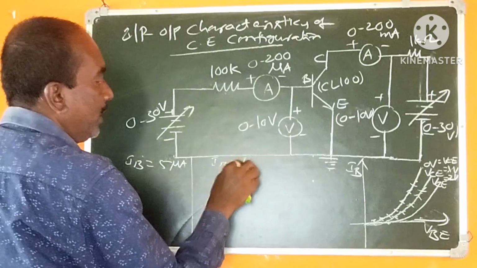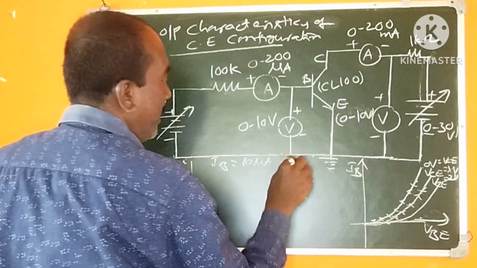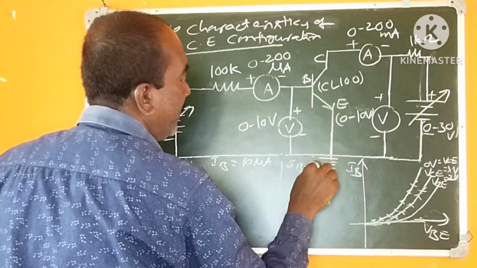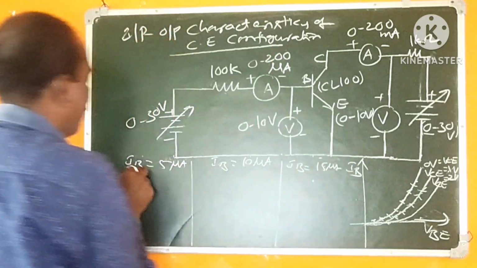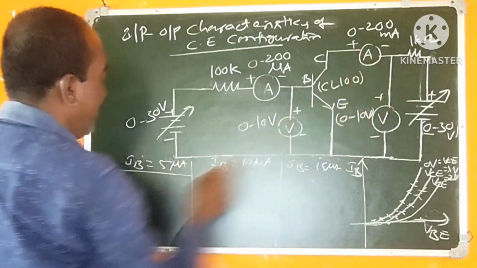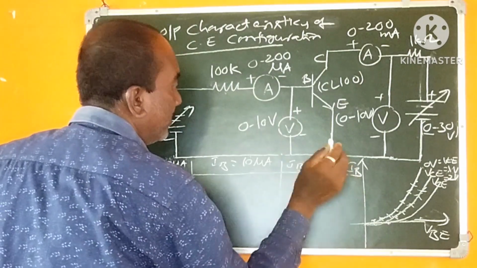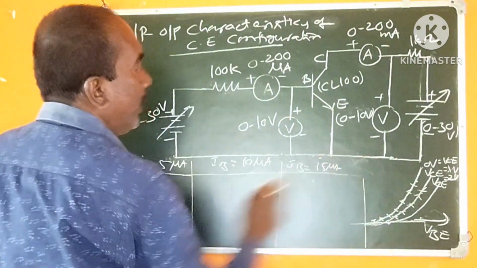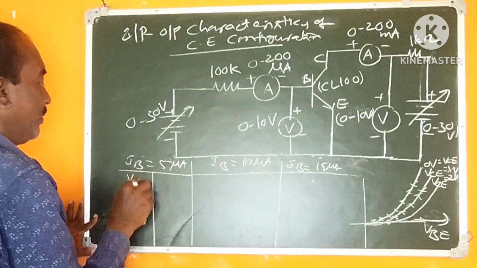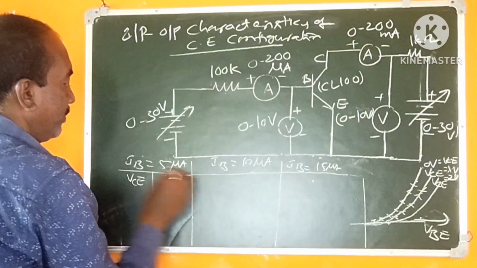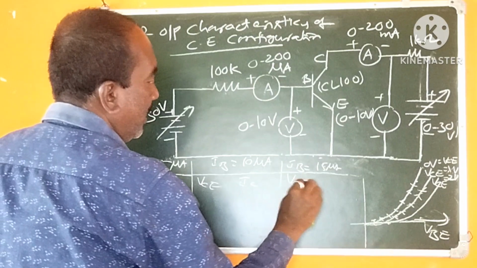And then IB may be at 10 microamps, and then IB at 15 microamps. The corresponding readings of voltmeter and ammeter are to be taken. Let us take this, it is VCE and this one is IC.